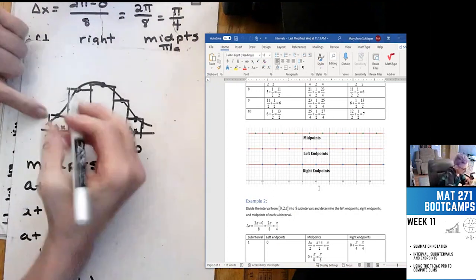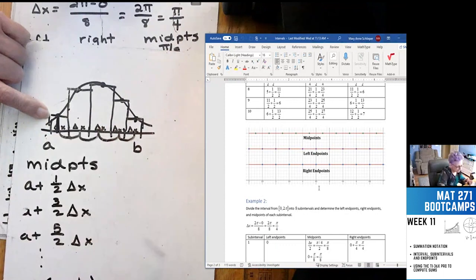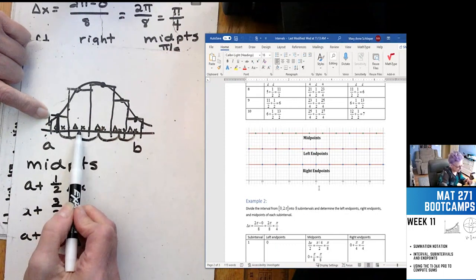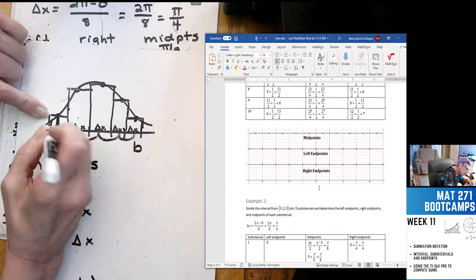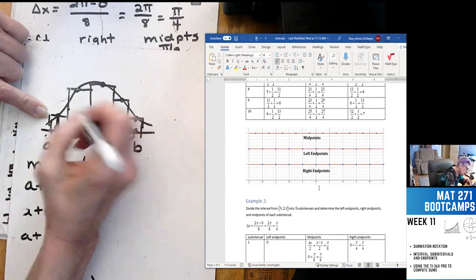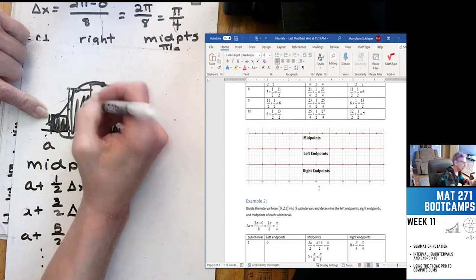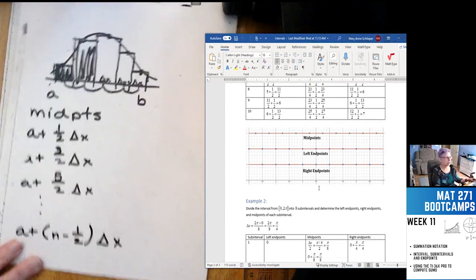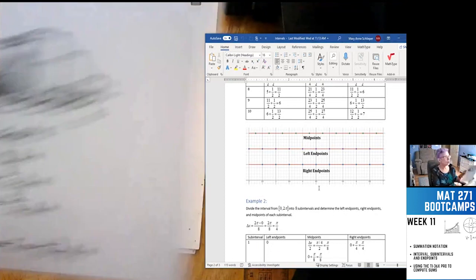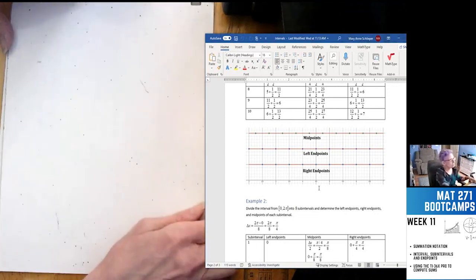So my midpoints, I'll be calculating my function's value at this midpoint and that midpoint and that midpoint and that midpoint, and then I'll multiply each by delta x to get the area of each of these rectangles. And then we add them all up and it gives us an estimate for the area underneath the curve. And that's the whole goal of the first section of that next chapter that you're starting.